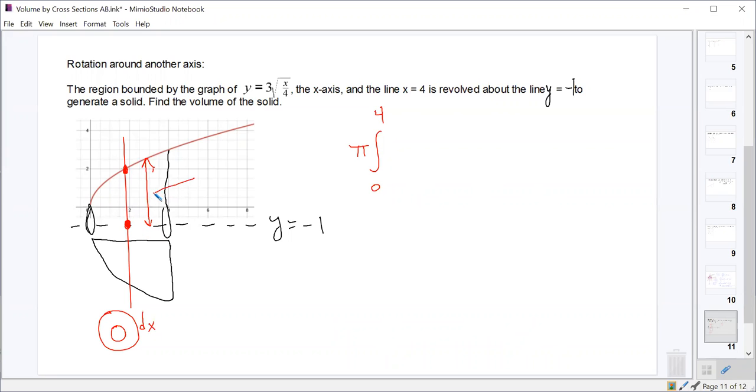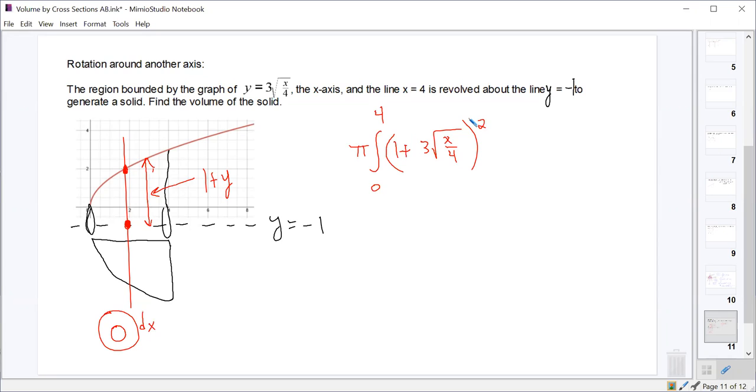What is that height? The value of the function plus 1. It should be 1 plus 3 root x over 4. That's our outer radius, and it is squared.